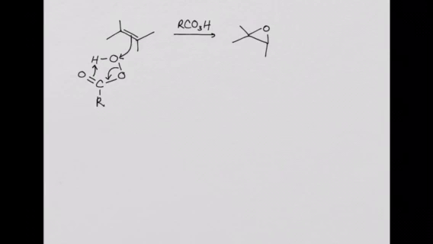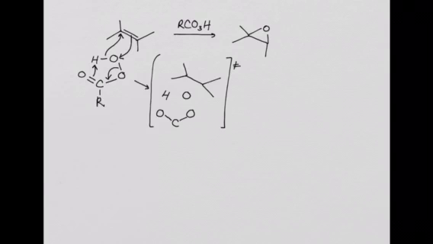The electrons that bonded that hydrogen to the terminal oxygen of the peroxy acid then attack the other carbon of the alkene. This forms a transition state that looks like this, where the carbon-carbon double bond is breaking. The epoxide bonds from carbon to oxygen are forming.